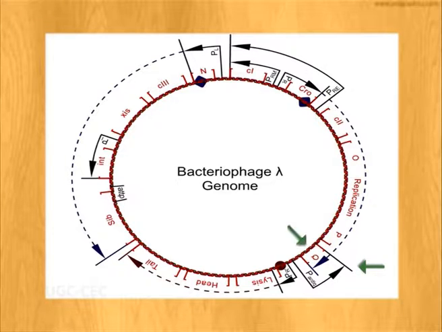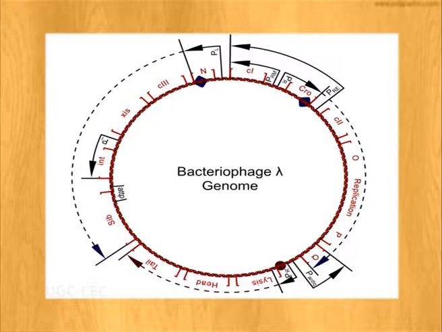As soon as these two transcripts are produced, they will bind together and stop the expression of Q mRNA. That means no Q protein will be produced, and in the absence of Q protein, no transcription from the PR prime promoter is possible. So, it will stop the lytic cycle of the lambda bacteriophage.